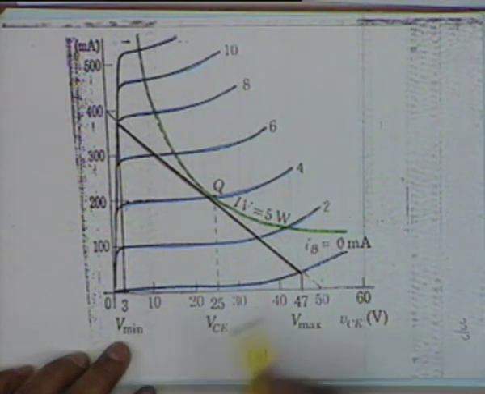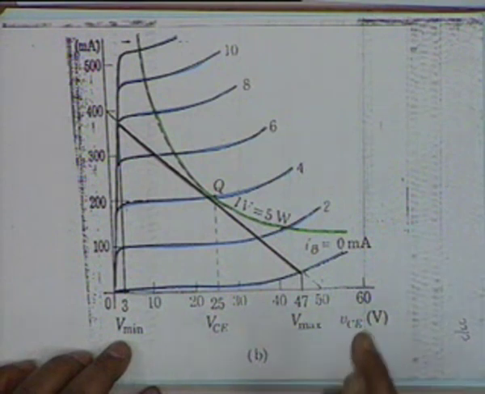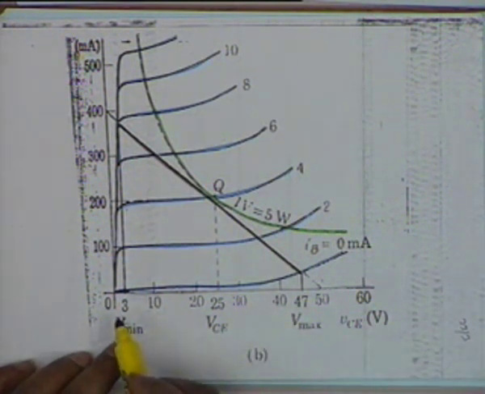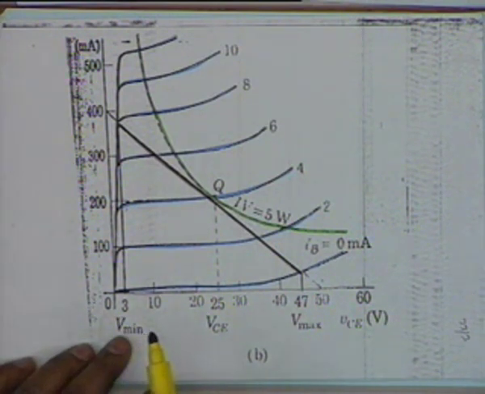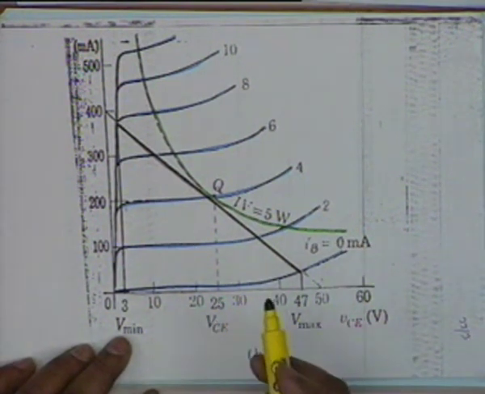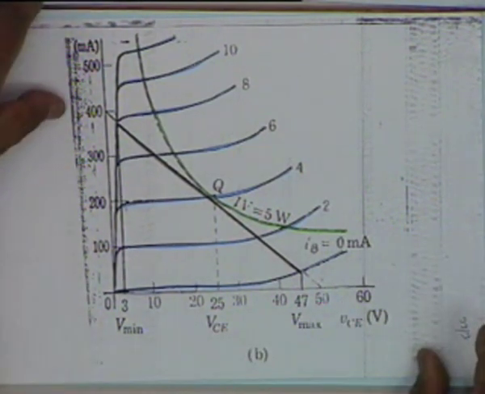All right, and therefore the root mean squared value of the output signal can be 47 minus 3, that is 44, divided by 2, that is the peak value 22, and the root mean squared value shall be 22 divided by root 2. All right, is that clear?